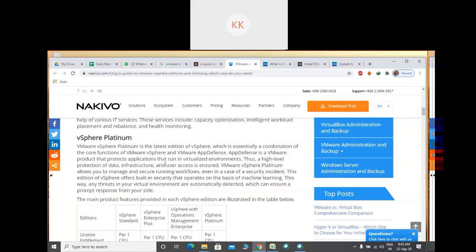Thus a high level of protection of data. Nowadays the entire IT business totally depends on data. All the time you are using data. See, now I am using this Nakivo website, this Cisco WebEx. All this data is very essential to the company.